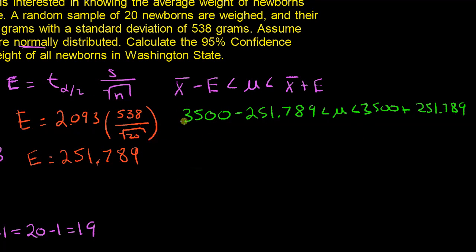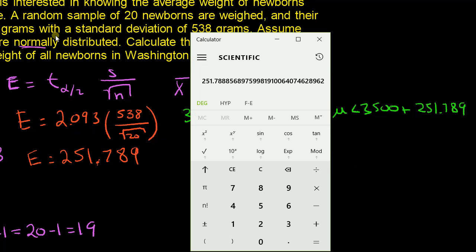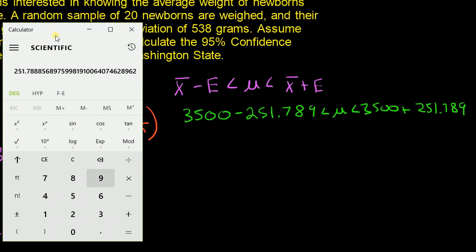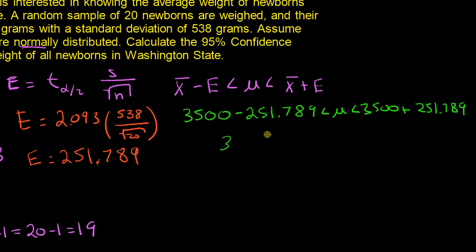Okay, so pull out our calculator one more time for this. We'll do 3,500 minus 251.789. I'll round to 1 decimal place now. 3248.2. Okay, put mu in the center.